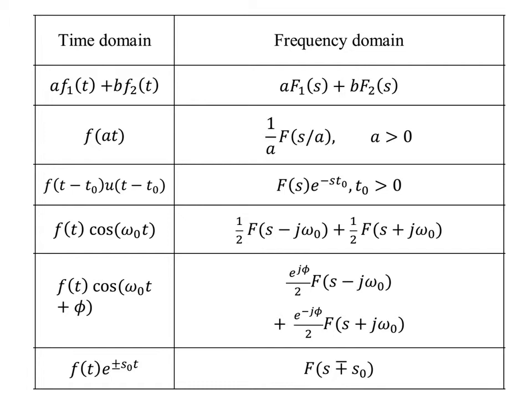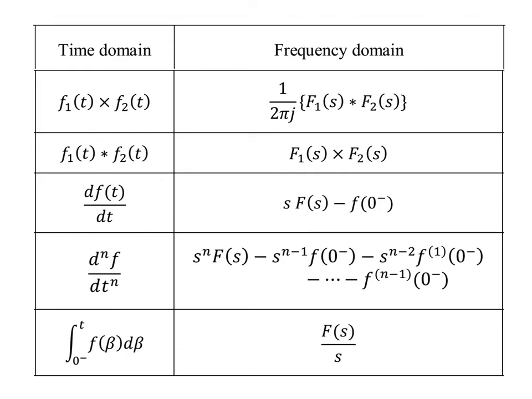So only half of it is multiplied by the cosine, and to the left of 0, there's a 0 product. Multiplication in time is convolution in frequency. Convolution in time is multiplication in frequency, and so on.